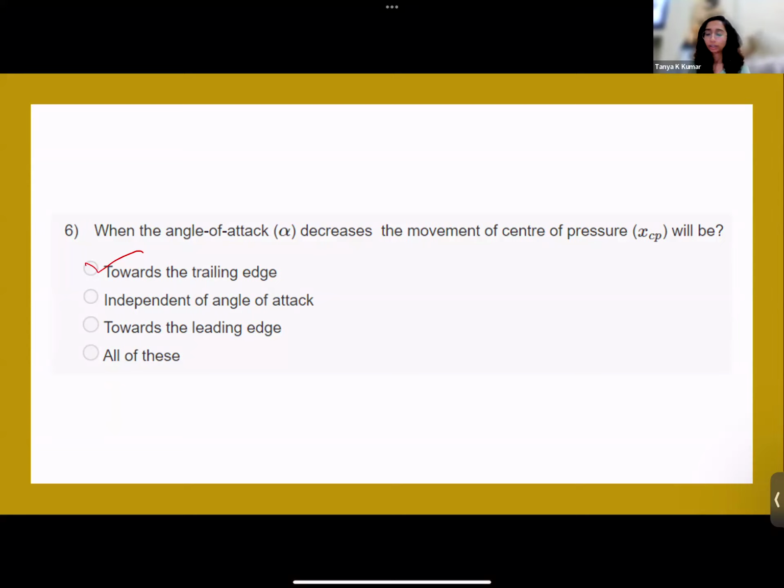Maybe refer to your notes or the previous session and try to justify the answer.